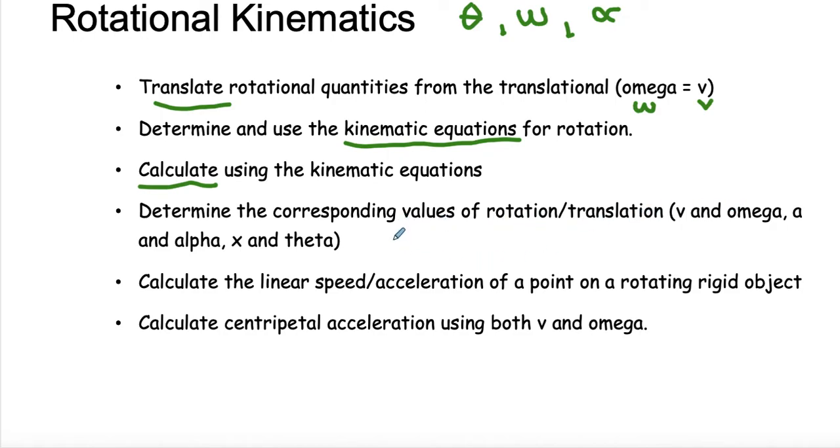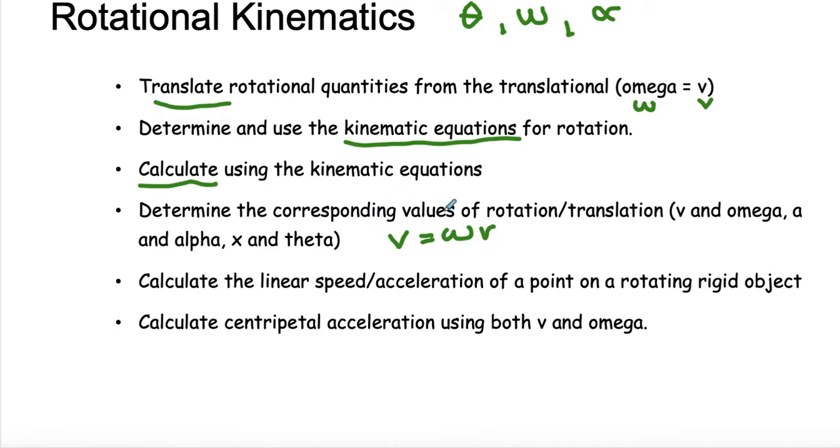So we know that v equals omega r, and a equals alpha r, and x equals theta times r. And so you would need to be able to go between the two speeds.